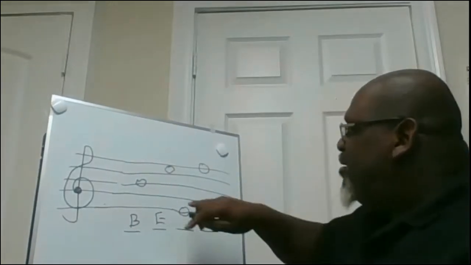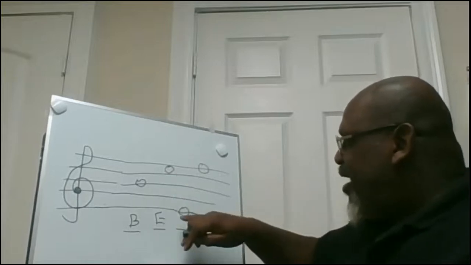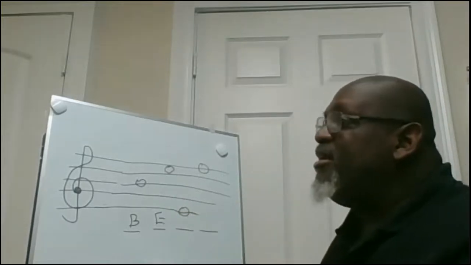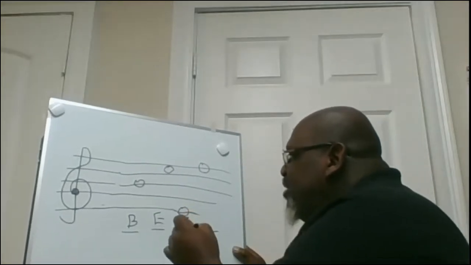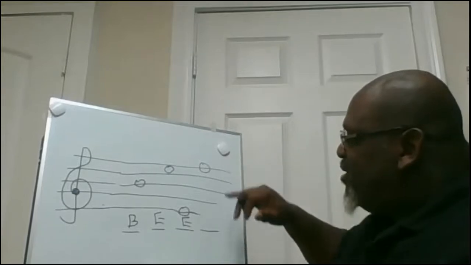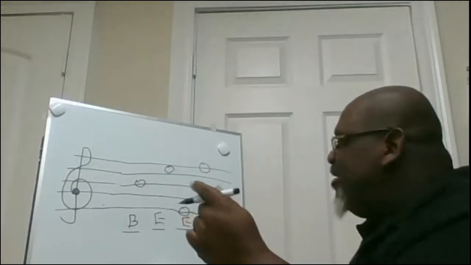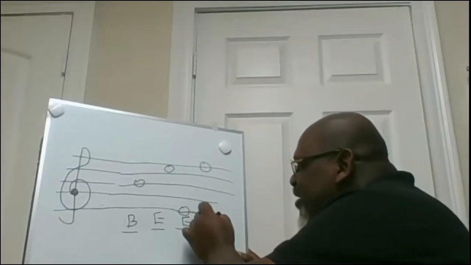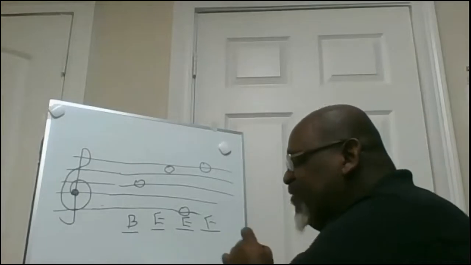And then, this one is next, right? Right. And it's on that first line, and first line is every. It's an E as well. And then our last one, every good boy does fine. It's an F. And it spells the word beef. Beef.